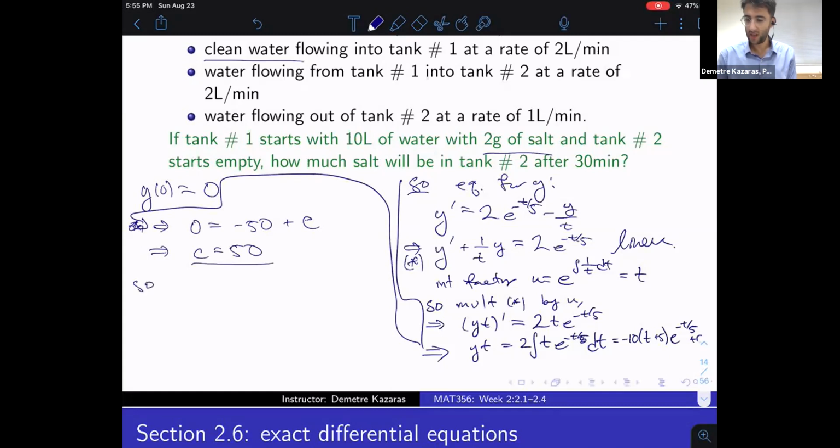So if we divide through by t, we get that y itself is equal to minus 10t plus 5 over t e to the minus t over 5 plus 50 over t.